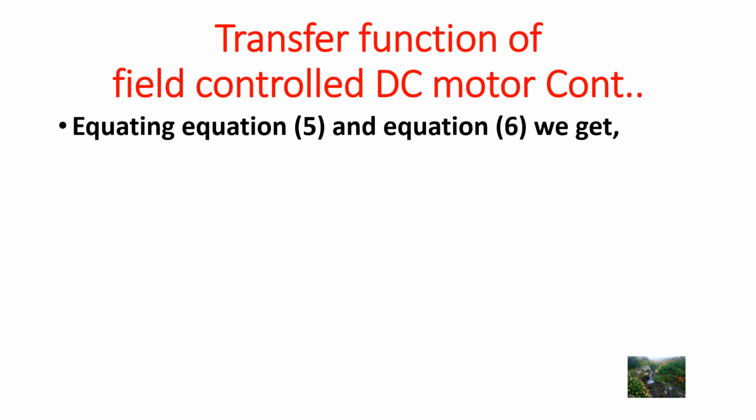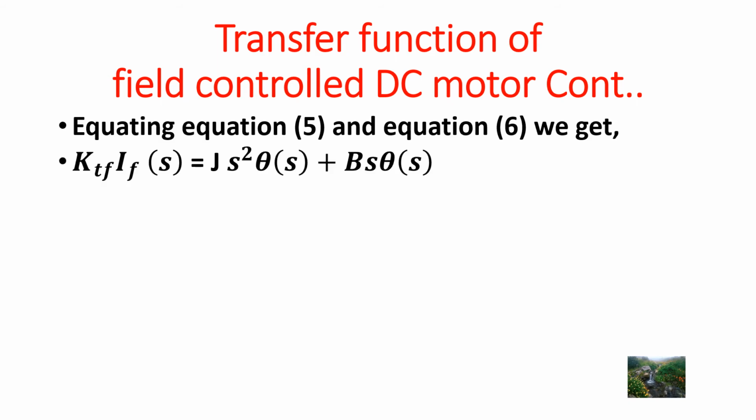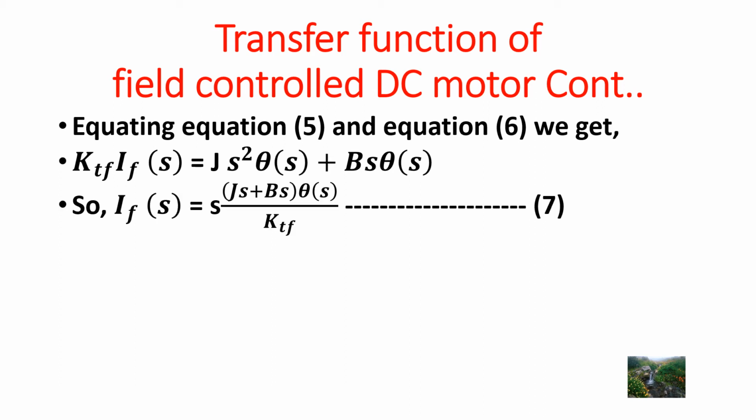Equating equation 5 and equation 6, we get K_Tf I_f(s) is equal to J s squared theta(s) plus B s theta(s). So I_f(s) is equal to s into (Js plus B) theta(s) divided by K_Tf.